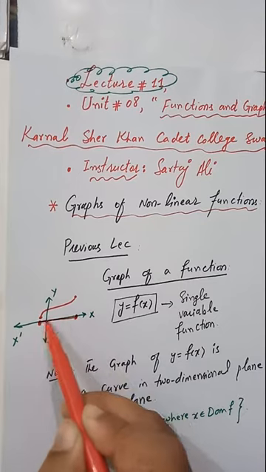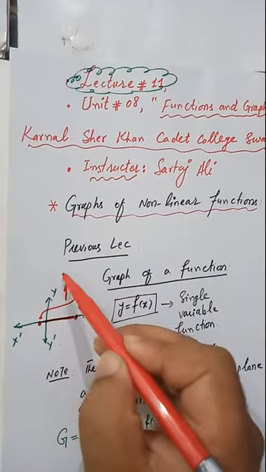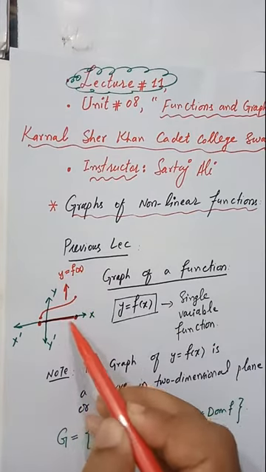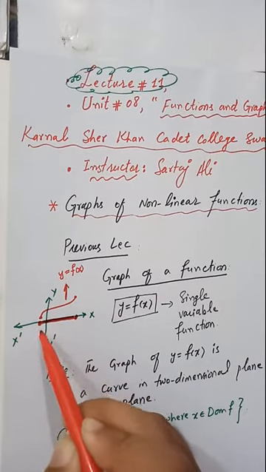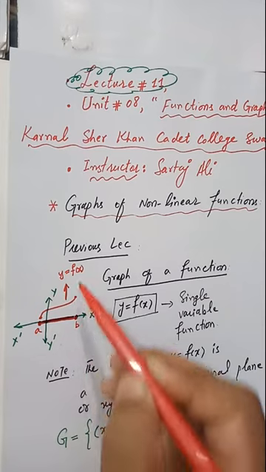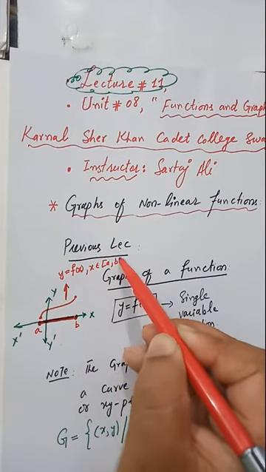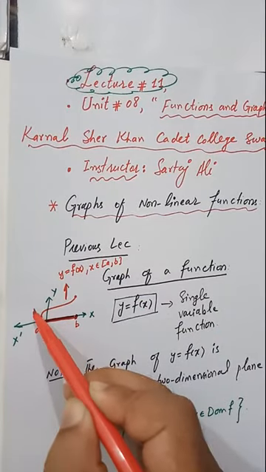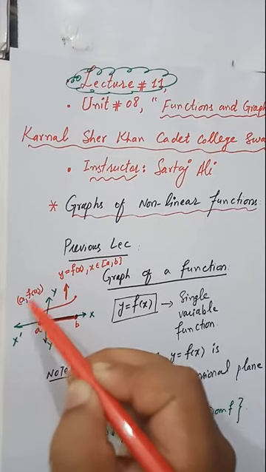These are the values of f of x. Let's say this is the graph of y is equal to f of x. When you plug in a value from this interval, let's say this is a and this is b, so this function is defined on the closed interval [a, b]. When you plug in a, you will get this point, which is actually (a, f of a). So this is your ordered pair.